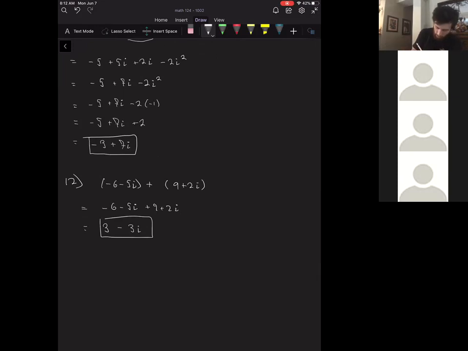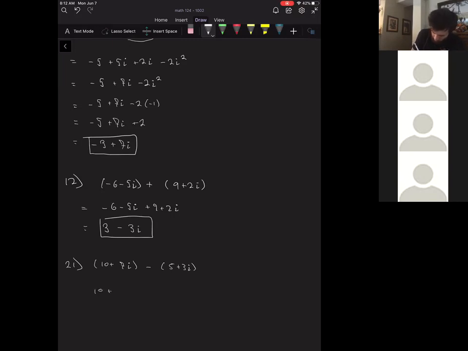Do an example like 21, so like a subtraction one. We have 10 plus 7i minus 5 plus 3i. So here we need to distribute that minus sign.